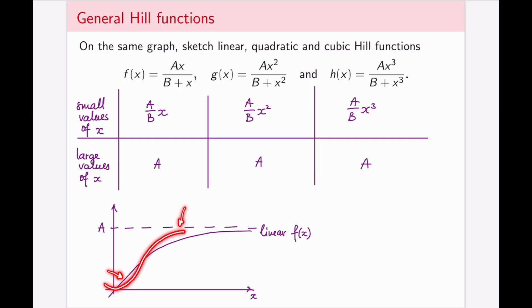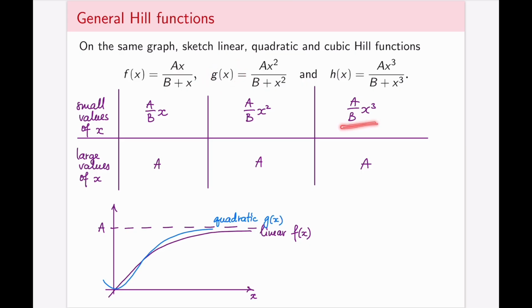The quadratic function will eventually have to beat out the linear function in how fast it grows. So I'm going to have a switch over at some point there. I start off with a parabola, and then at some point, I switch over to dominate the linear function. So this is going to be my quadratic Hill function that's in this case called g of x.